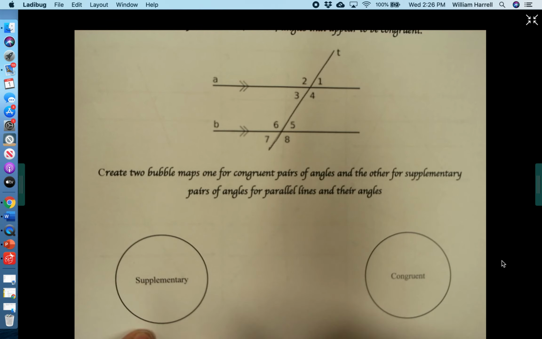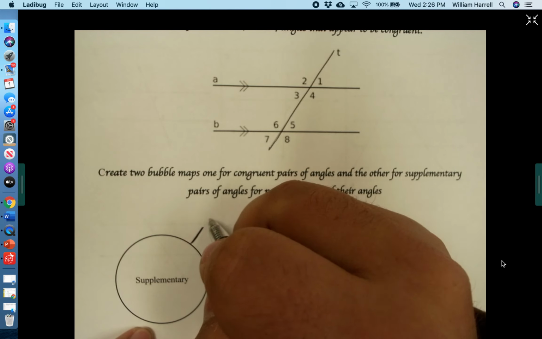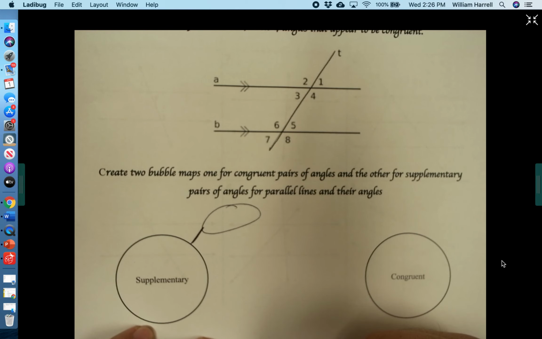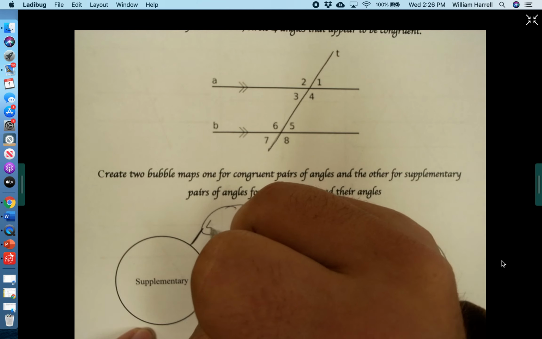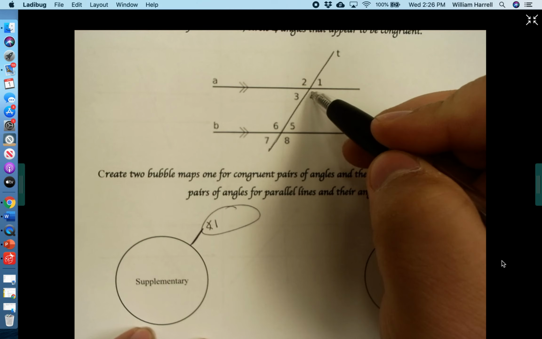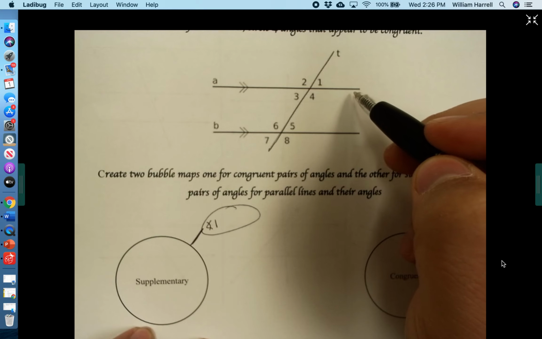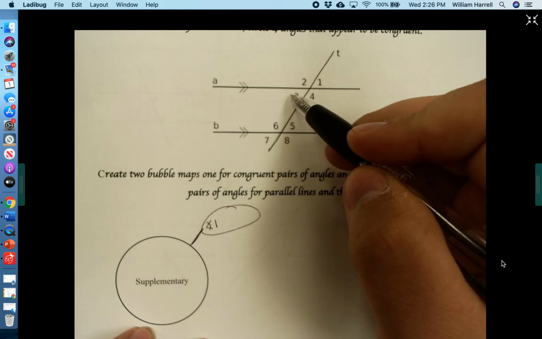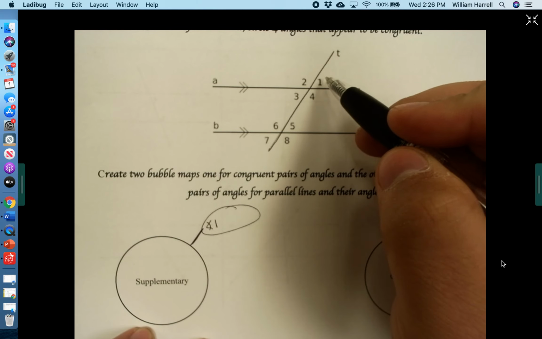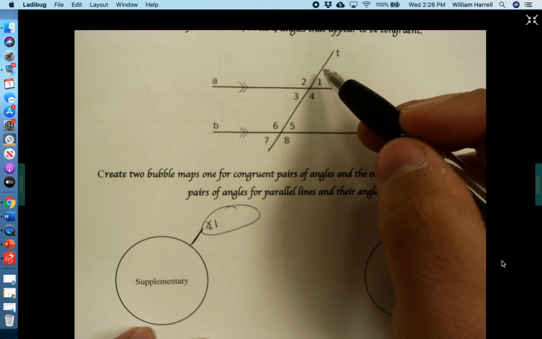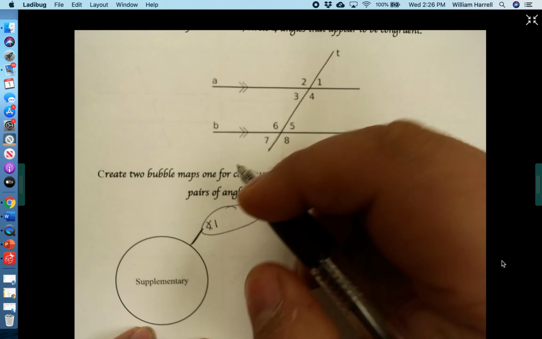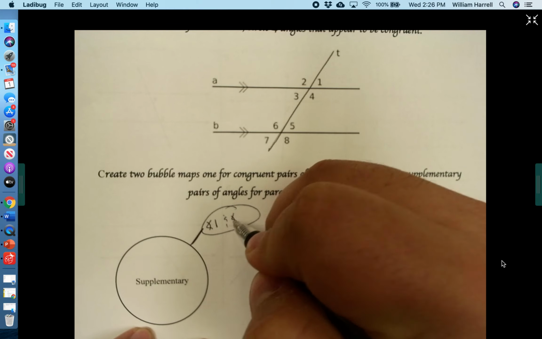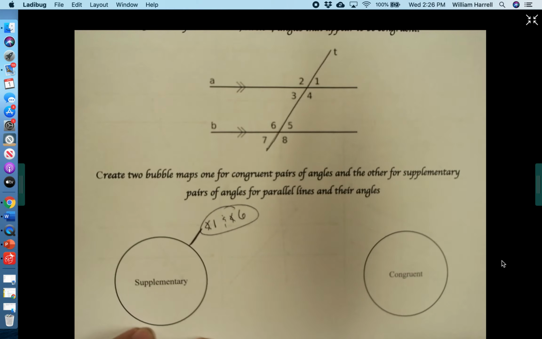So, for supplementary angles, what's a pair of supplementary angles? If I say angle 1, it's a small angle, it's an acute angle. Well, another acute angle would be the same, so we need anything that's obtuse. 2, 4, 6, 8, any of those. I'm going to say angle 6.